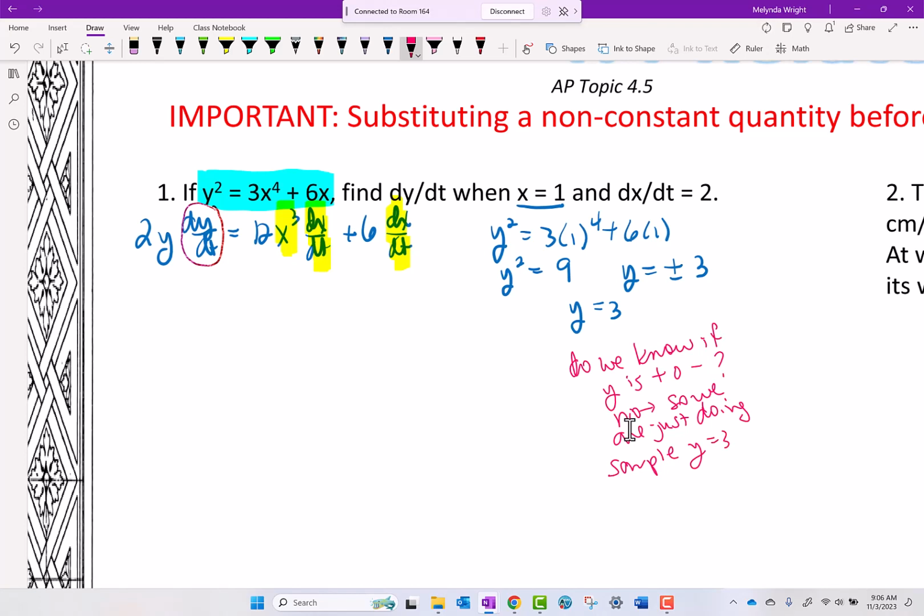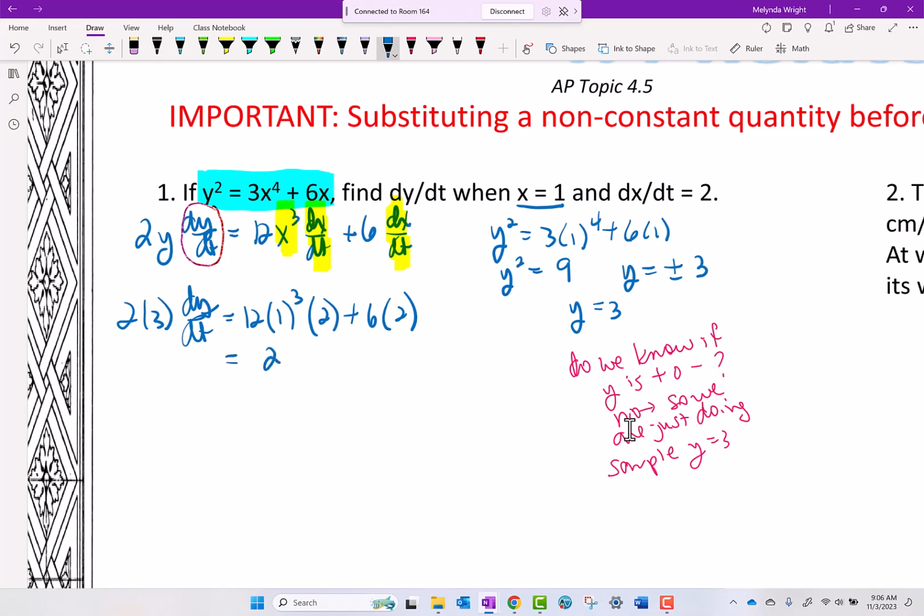Okay, so here we go. Let's substitute our numbers in. I have 2 times 3 dy/dt equals 12 times 1 cubed times dx/dt, which is 2, plus 6 times dx/dt, which is 2. So that's 24 plus 12.